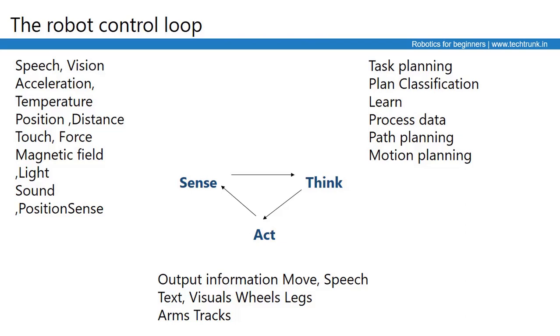External sensing covers speech, vision, acceleration, temperature, position, distance, touch, force, magnetic field, light, and sound. Internal sensors cover acceleration, speed, the amount of current flowing inside the circuits, voltage, brakes, and direction.